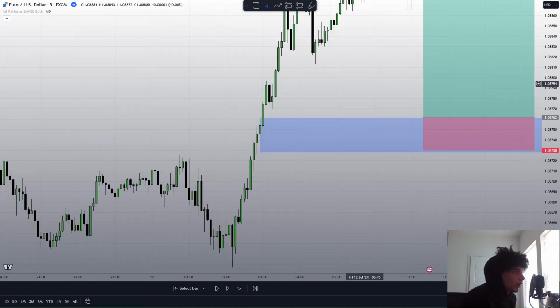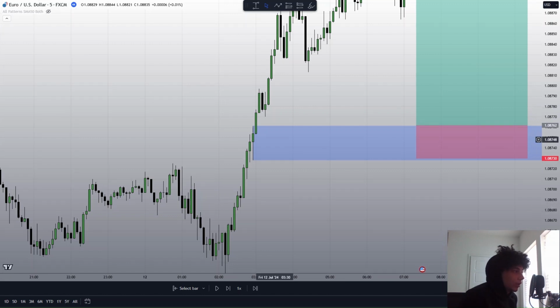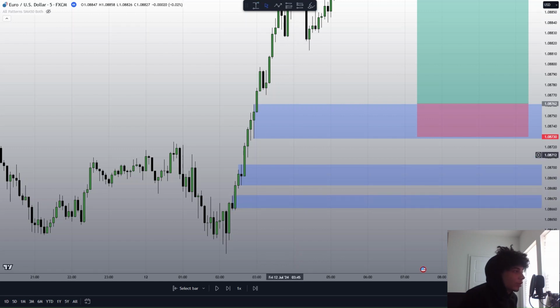As we can see here, we have a gap in the middle, inefficiency, and we have an impulsive candle right here. We also have one down here, and we also have one down here. So we have three possible order blocks at the bottom.